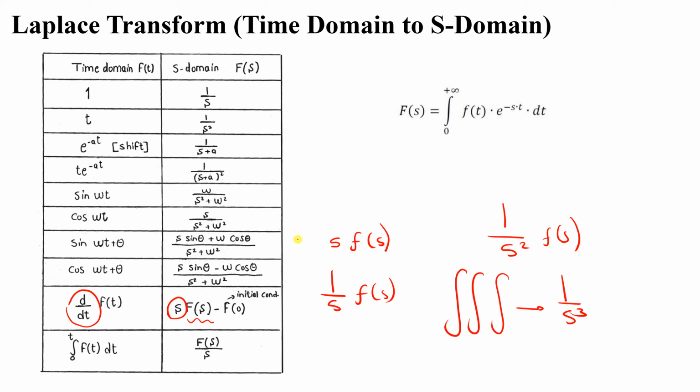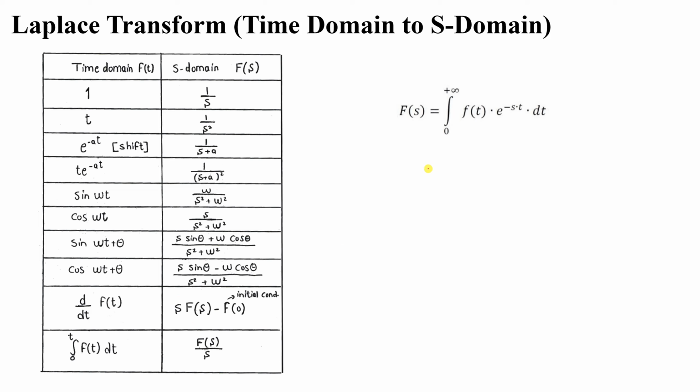Similarly for derivatives, the double derivative, the second derivative, will be s squared. The third derivative will be s cubed, and so on. That's why in the very beginning, when we converted the example of the non-separable differential equations, we used s and 1 over s.